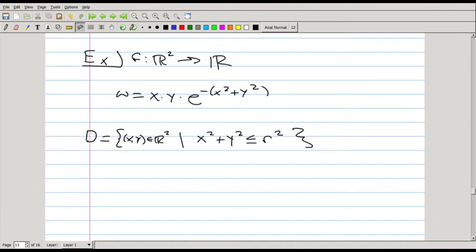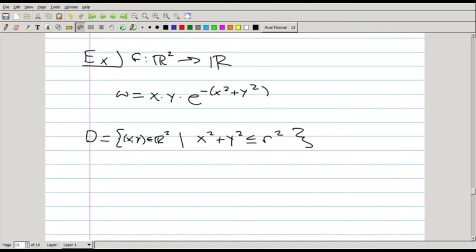Note that the function is a little bit complicated because you have x times y, whose level curves are hyperbolas, and e to the negative (x squared plus y squared), which has level curves that are circles. So the underlying level curve structure isn't immediately obvious.